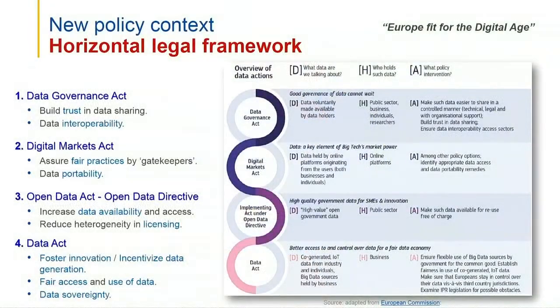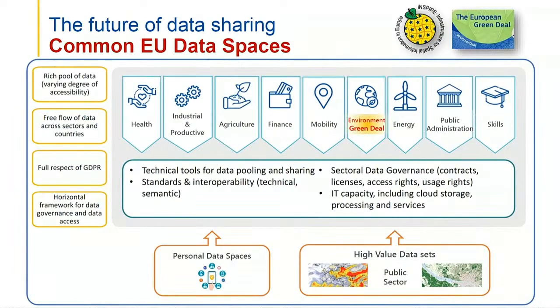To achieve all these objectives, there is a wide range of legal acts that would be boring to explain now, but each of them is focused on correcting each of the topics I highlighted in the last slide.